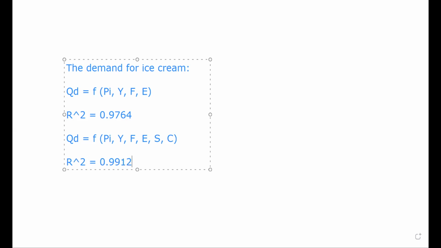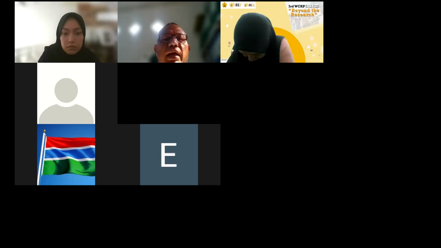The question is, is it possible that the size of shoes and the color of clothes you are using have an effect on the demand for ice cream? I don't think so, because we add irrelevant variables in our model, but the R square also increases because we do not make any adjustment for R square.